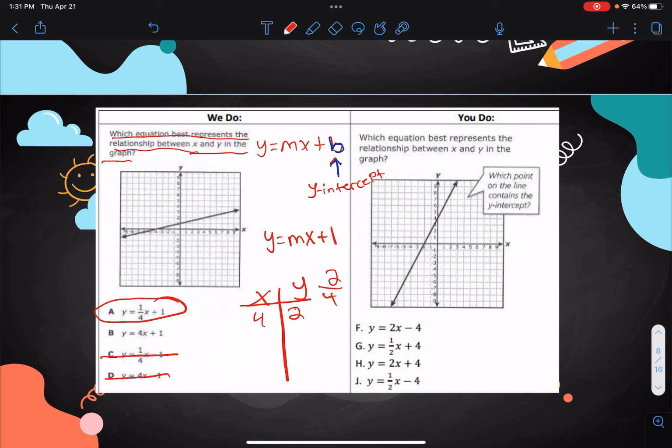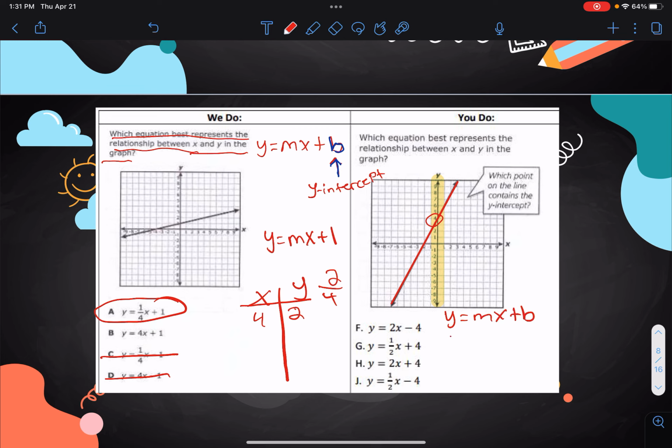Okay? So you're going to do the same thing here. Start by, remember, highlighting your y-axis and then tracing your graph line. And where do those two intersect? Where do those two meet? Right here. What number is that? It's 4.